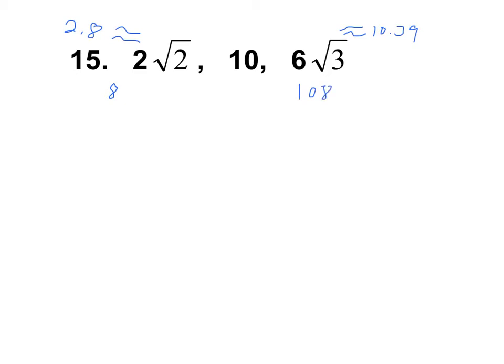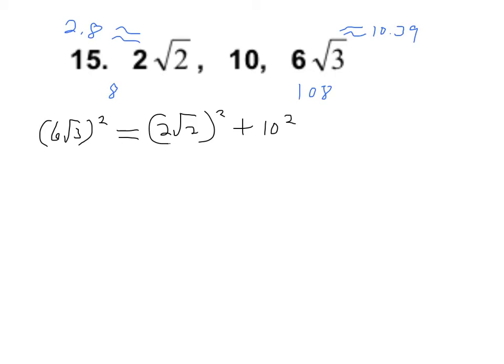So out of my 3 original numbers, 2.8, 10, and 10.39, the 10.39 number is the largest. That's the number that's going to go on its own side. Sometimes I like to put the hypotenuse first. So still make sure to show your work. Tell me what you're doing. And we want to know that you are squaring everything and you're setting it up according to the Pythagorean theorem.